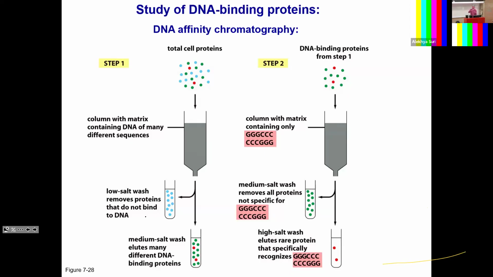Because now this specific protein will bind very strong to this CCC-GGG sequence. Some other DNA binding protein binds to a different sequence, but it will not bind to this one, so it will be a much looser association. So overall, this method allows you to isolate a specific protein complex that binds to specific DNA sequences.